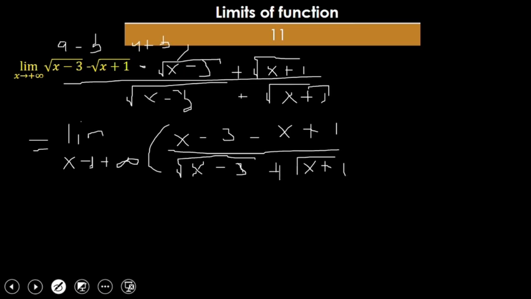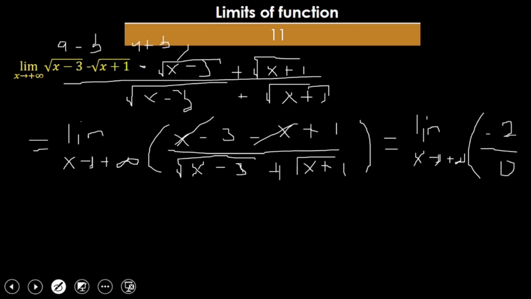This is equal to the limit as x tends to plus infinity of x, and this will cancel. Minus 3 minus 1 is minus 4, hmm, that is minus 2 over all this. And the denominator tends to infinity, so minus 2 all over infinity, that is minus 2 all over 0. This is equal to minus infinity.